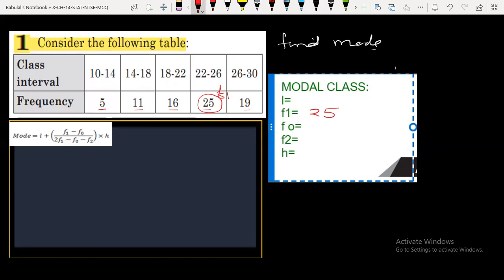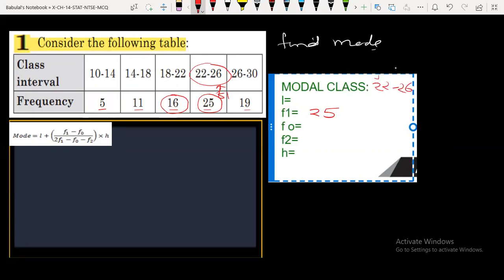Then F0 is the frequency preceding the modal class. Modal class से इसका मतलब, जिस class की सबसे ज्यादा frequency होती है उसे हम कहेंगे modal class. So modal class here is 22 to 26. L stands for the lower limit of the modal class.